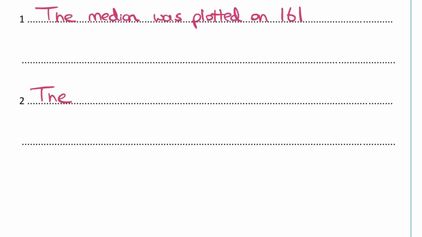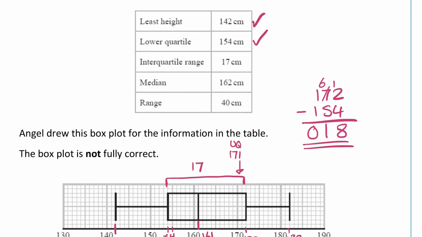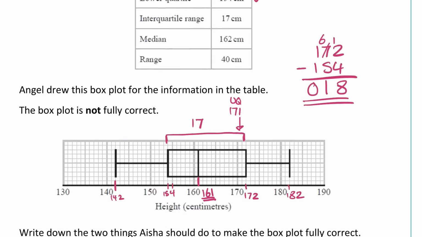The upper quartile should have been 171. So there we go. There were our couple of mistakes there. The median was plotted incorrectly, and the interquartile range was either not read correctly or just the fact it was plotted on the wrong number, however you want to describe that. So there we go. There is our box plot.